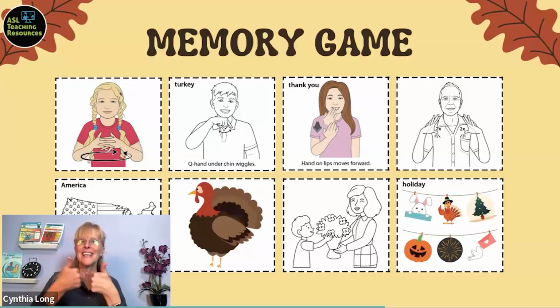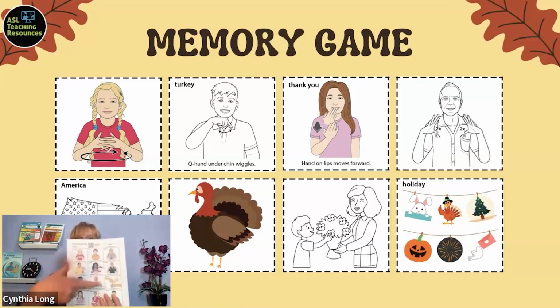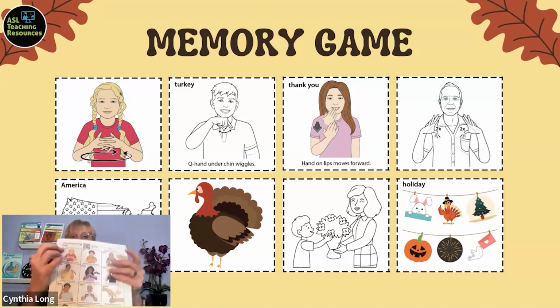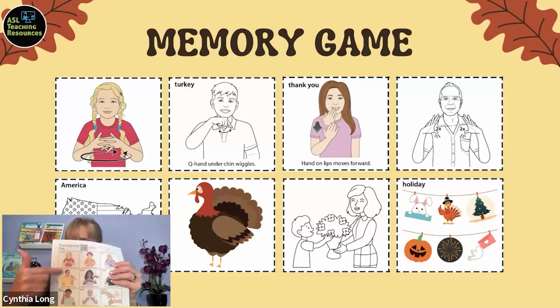The memory game. Oh, this is one of my favorites. This is where you use the flashcards for sure. And you know how this is done. You're just going to cut these out. And again, at ASL Teaching Resources, you can find all of these, and you cut them up. You're going to make 2 copies of these, okay?